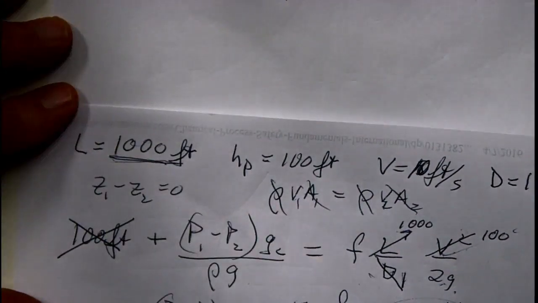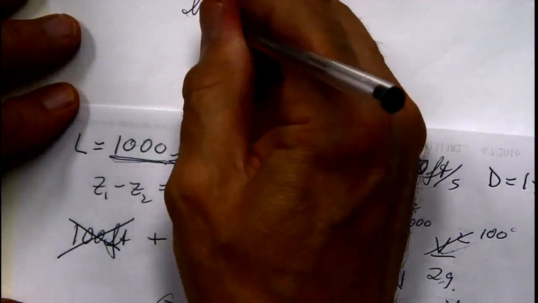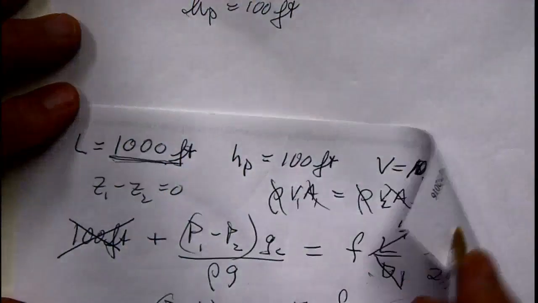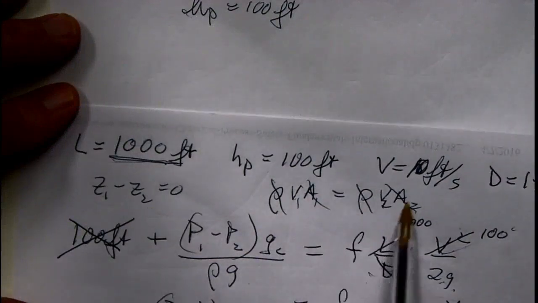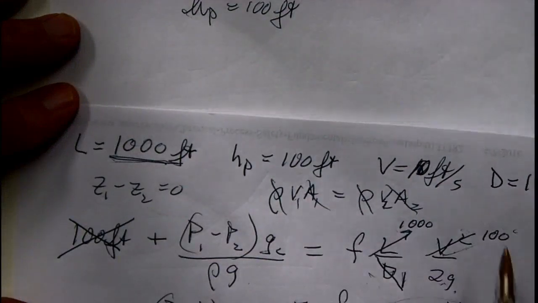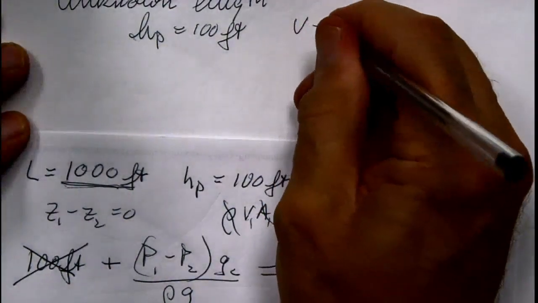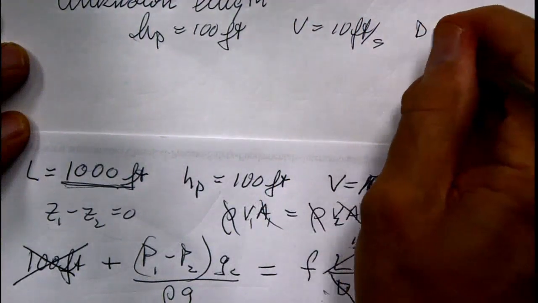Here's 1,000. Now then, we're going to assume the same conditions, pump head of 100, and the same Z1 minus Z2, rho VA, velocity is 10, diameter is 1 foot.